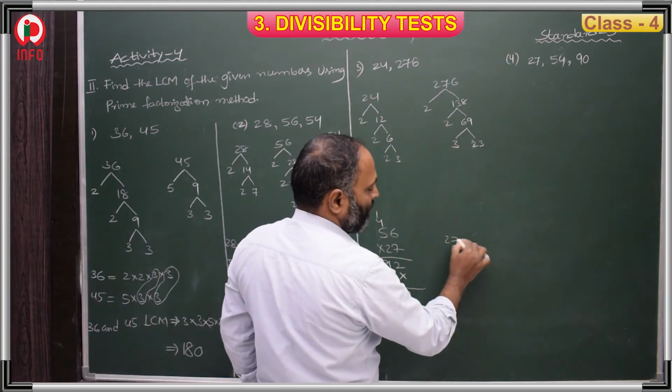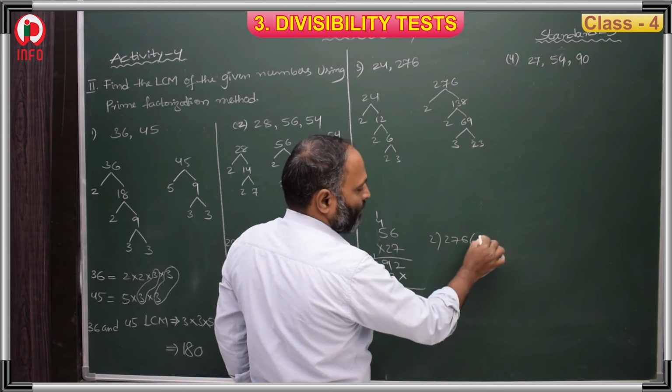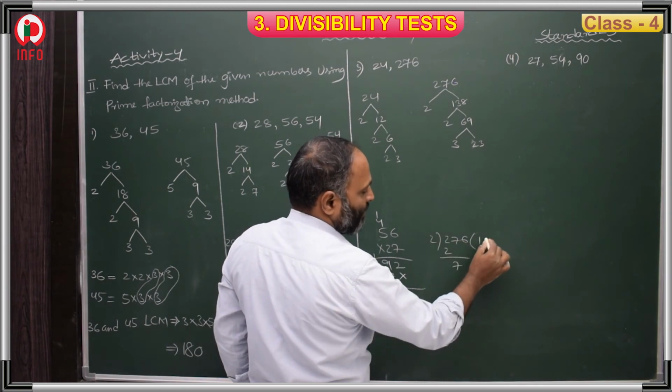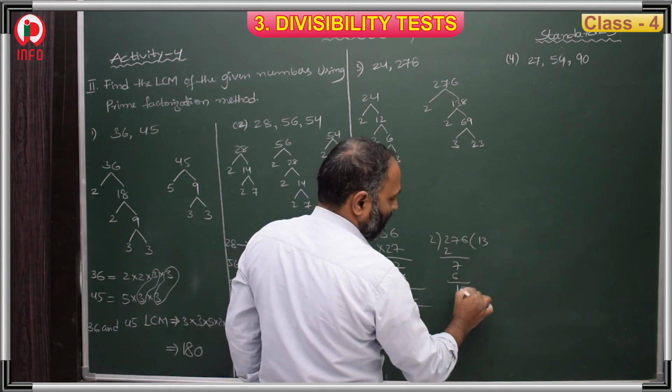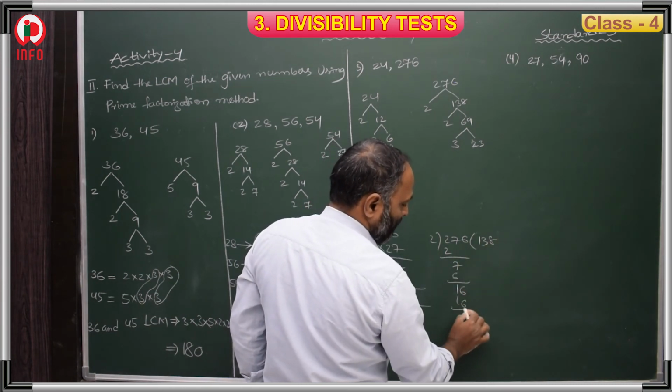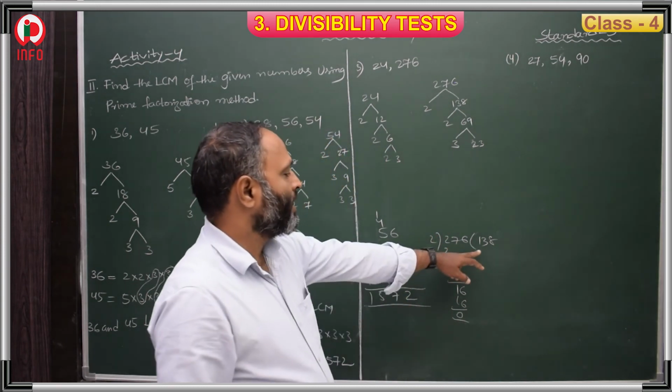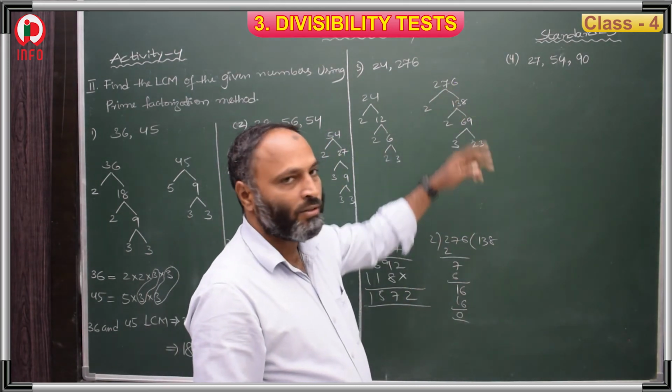Once again, 276 divided by 2. 2 ones are 2, 2 threes are 6, and 2 8s are 16. 2 138s are 276.